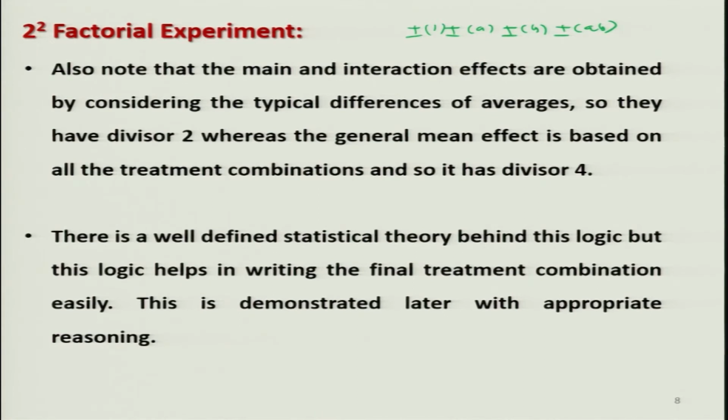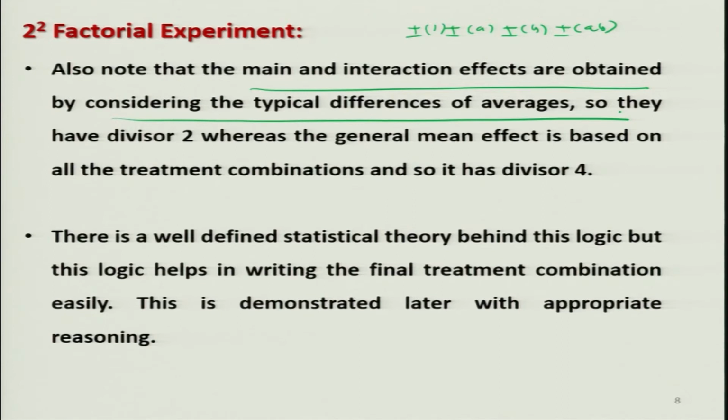So we note that the main and interaction effects are obtained by considering the typical differences of averages. So they have the divisor 2, whereas the general mean effect is based on the treatment combinations, and so it has a divisor 4. That is not arbitrary, that is based on certain logic, and later on I will show you how this is related to the mathematical concepts of linear estimation.